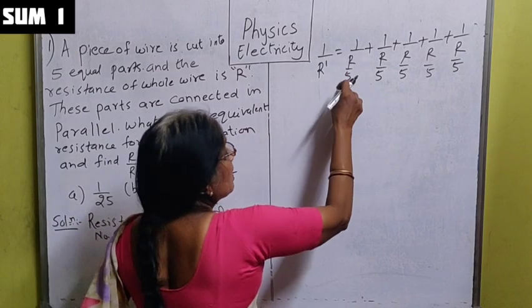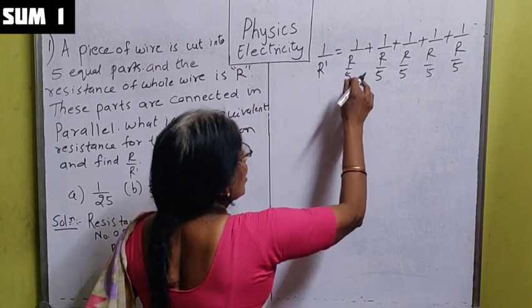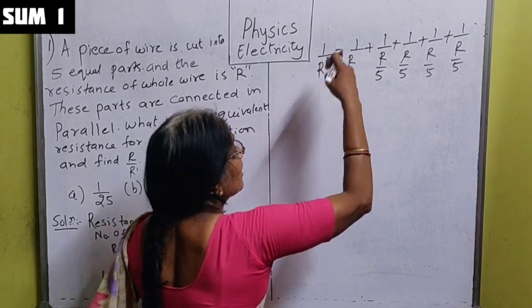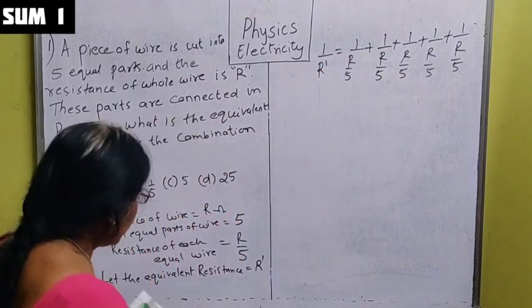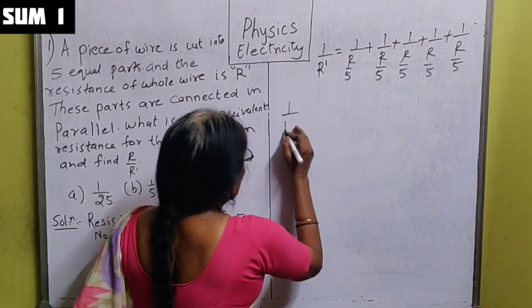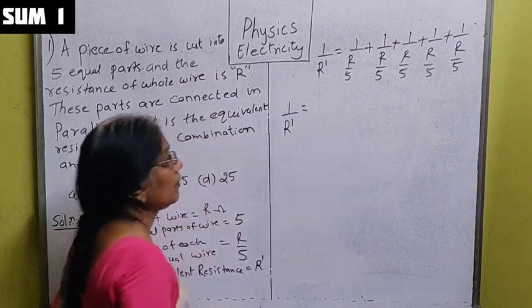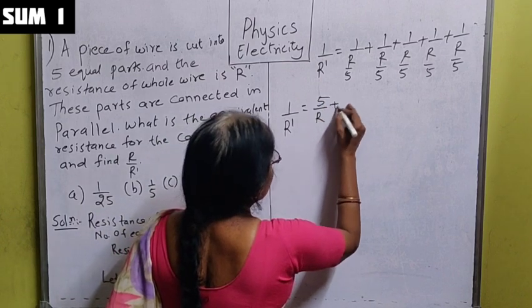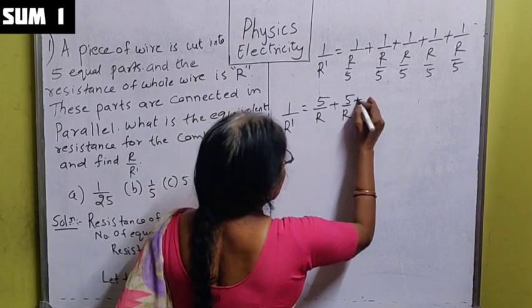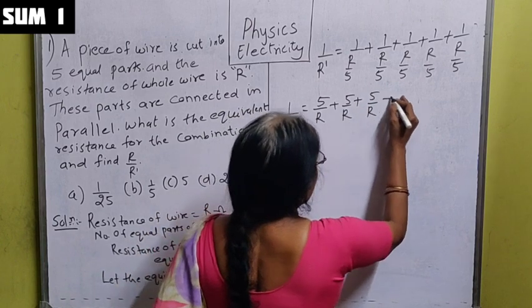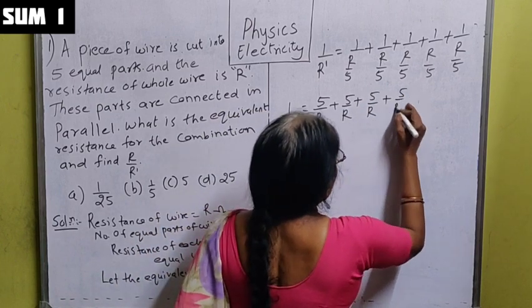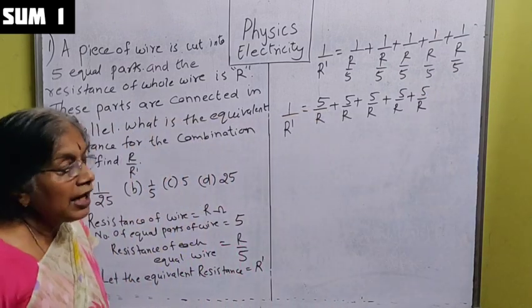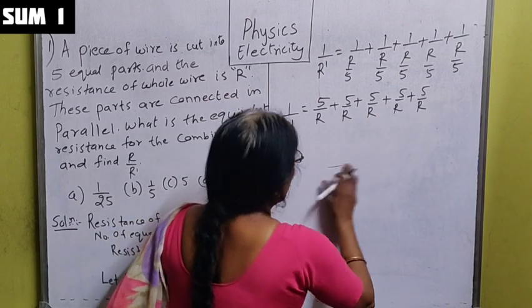Now 1 by R by 5 means nothing is added down. If you take division, convert it into multiplication, it will become the reciprocal. So what we will get? 1 by R dash is equal to 5 by R plus 5 by R plus 5 by R plus 5 by R plus 5 by R. R is the common denominator.